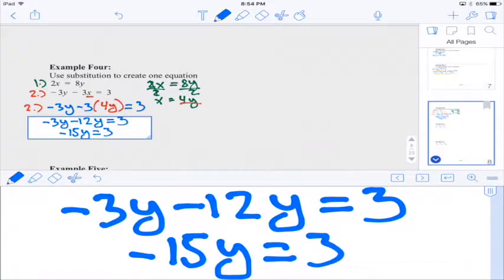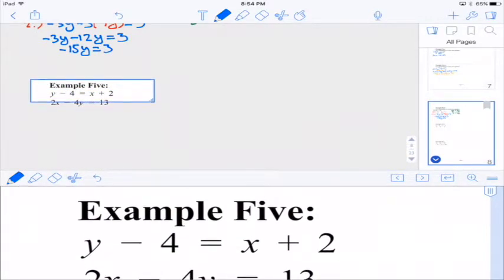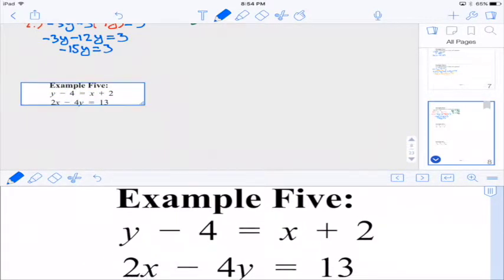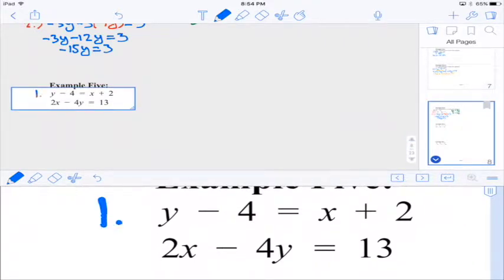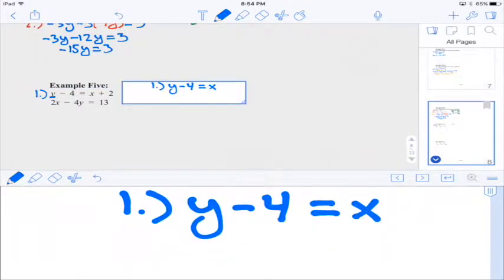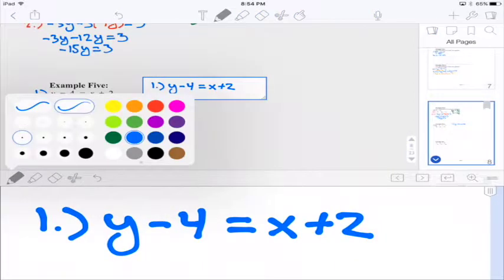All right. In example 5, following the same steps, I need to solve one of these equations for a variable and then make the substitution. So in number 1, I want to solve for y. To solve this for y, to get y by itself, I need to add 4 to both sides.